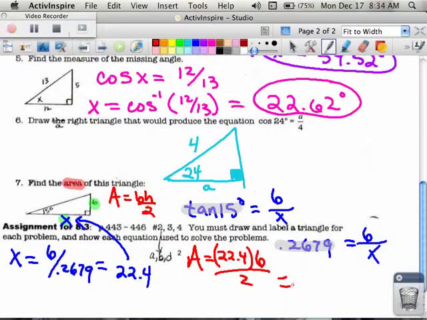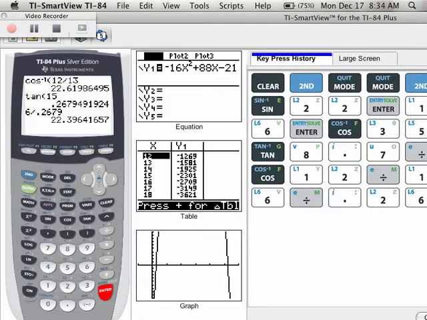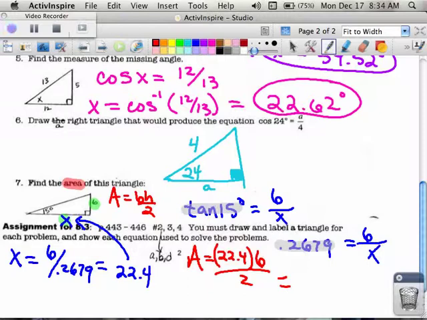So 22.4 times 6 divided by 2. And I get 67.19. And I don't know if they gave me, they didn't give me any measurements as far as like meters or inches, so I need no label at this point.